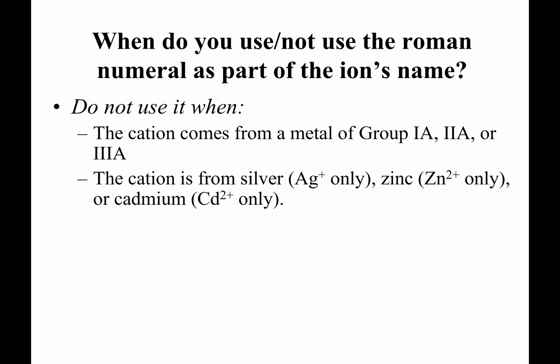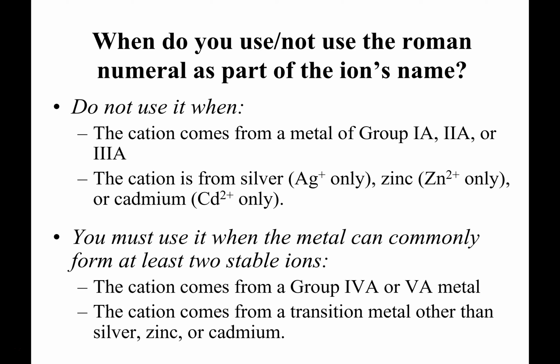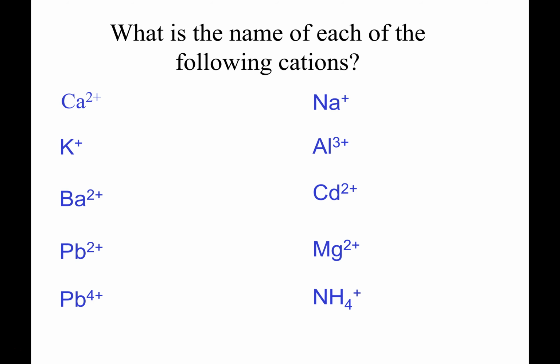You don't use Roman numerals in the name if it's zinc, cadmium, or silver, like you have it circled. No Roman numerals. And when you use Roman numerals, it's for all the other metals. And the Roman numeral in its name is the charge, okay? So, do you have this one?